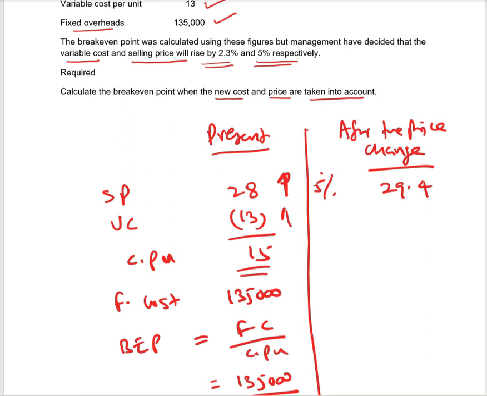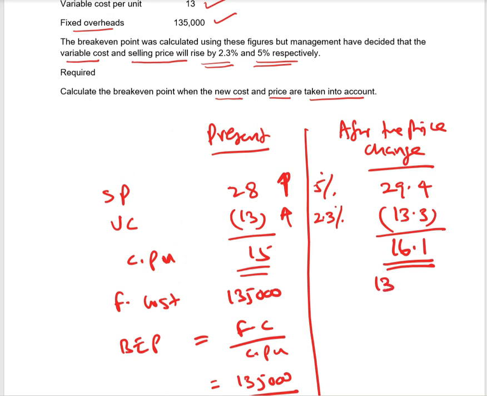And also your variable cost will increase by 2.3%. So 13 times 2.3%, that will give you 13.3. So your new contribution after the price change will be 16.1.